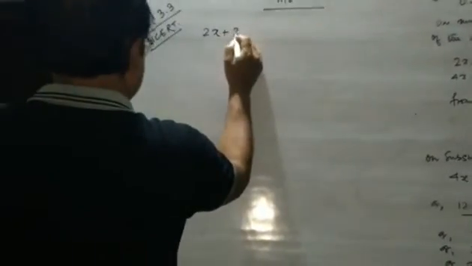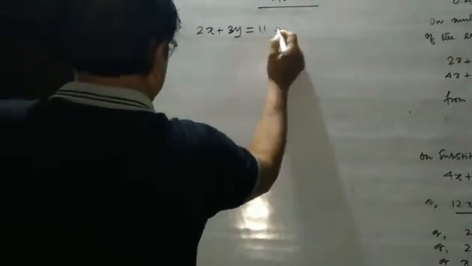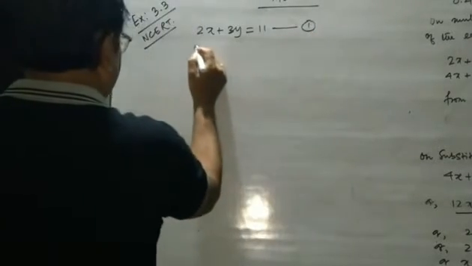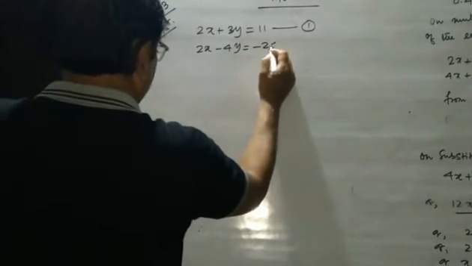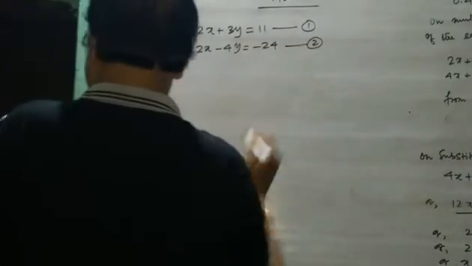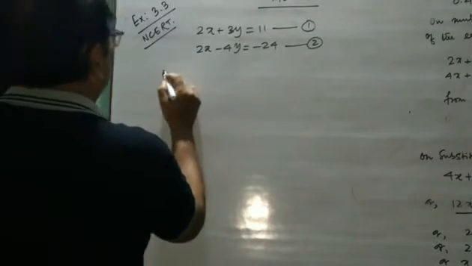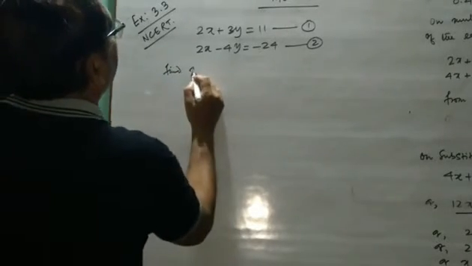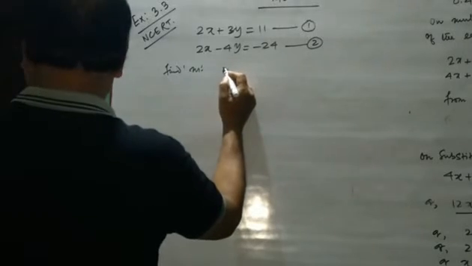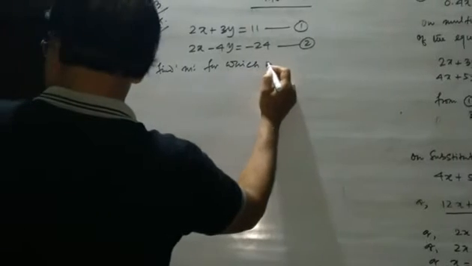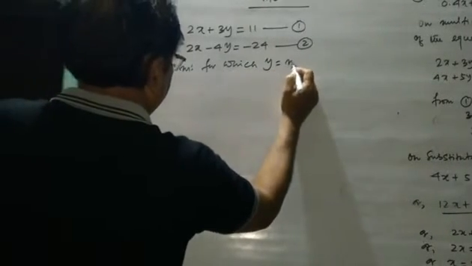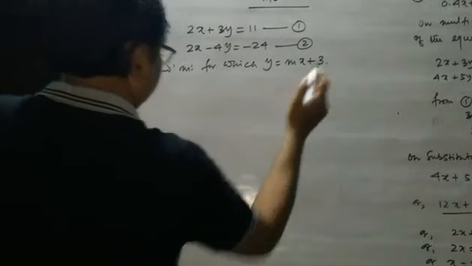Question is, solve the 2 equations given. Equations are 2x plus 3y is equal to 11, call it equation number 1, and 2x minus 4y is equal to minus 24, equation number 2. And find m, for which y is equal to mx plus 3.